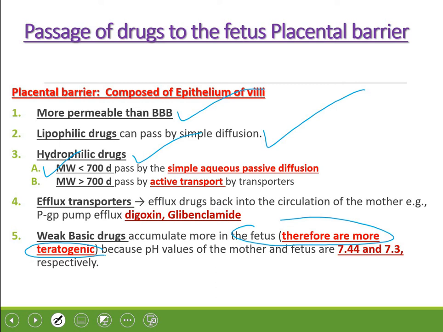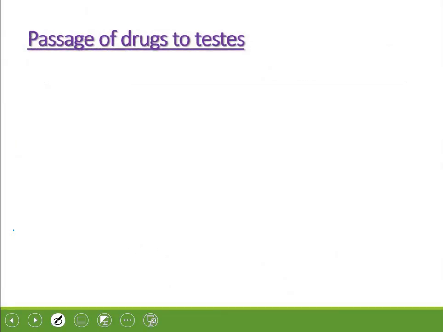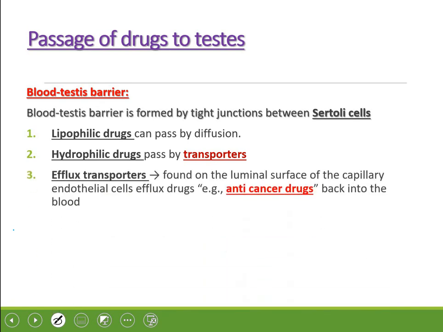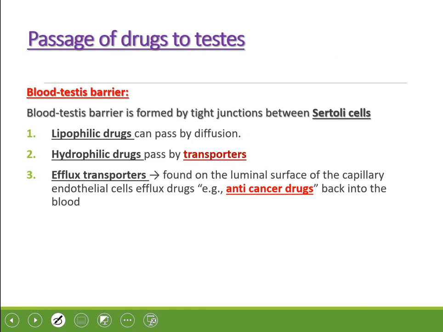They should usually be avoided while going into pregnancy. But keep in mind, nowadays it is an era of evidence-based practice of medicine. So these could be some of the factors that are going to affect it. But until and unless it is evidence-based, you cannot go ahead to use these drugs in pregnancy or lactation. And the passage of drugs to the testes is one aspect as well, because the testes are a special organ.